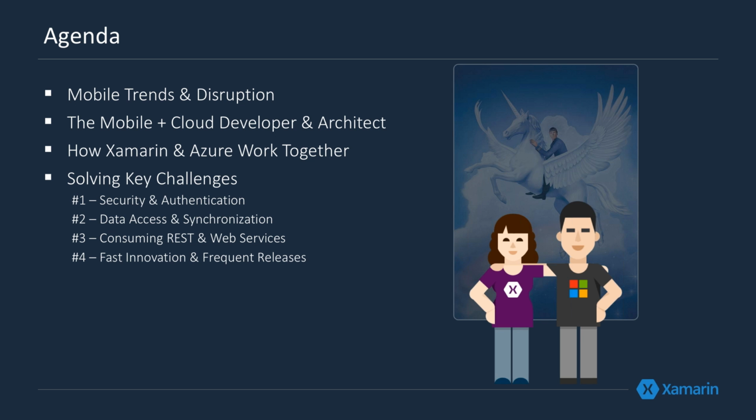And then thirdly, you may have a plethora of existing REST and web services that were built for prior integration projects. And Xamarin and Azure provide a great opportunity to reuse those and extend those existing systems and investments for your mobile initiatives as well.